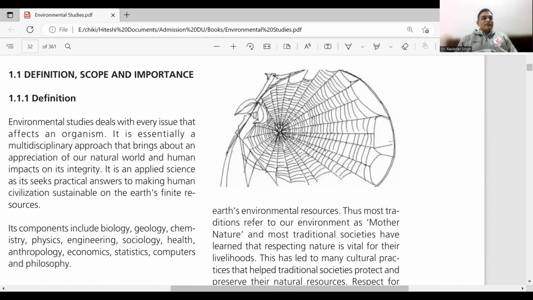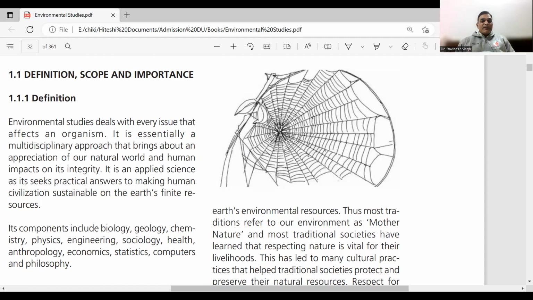Now, the first topic, that is the definition, the scope and the importance. First of all, the first heading, that is the definition. Environmental studies deals with every issue that affects an organism. It is essentially a multidisciplinary approach that brings about an appreciation of our natural world and human impacts on its integrity.